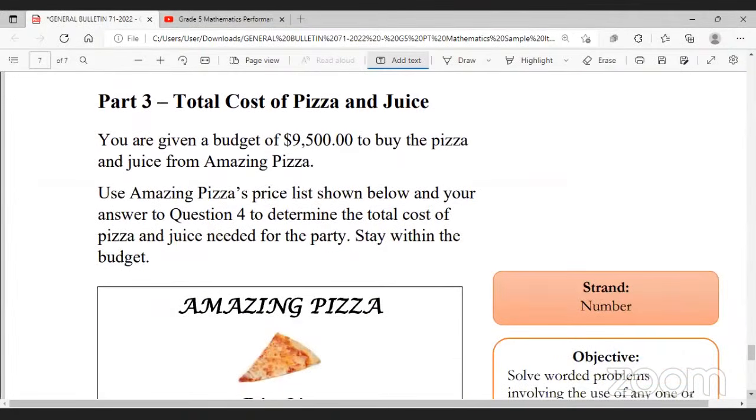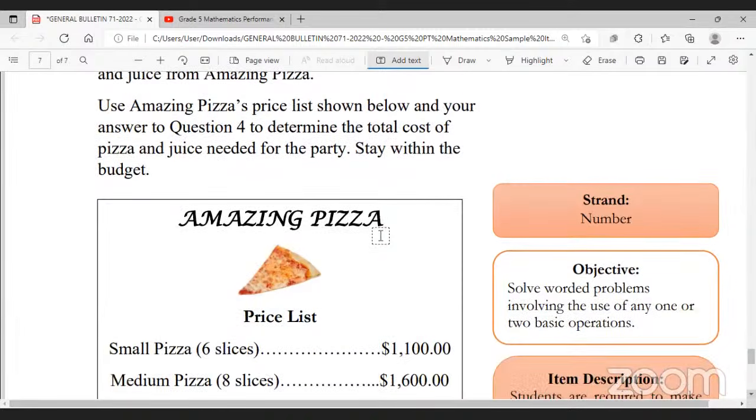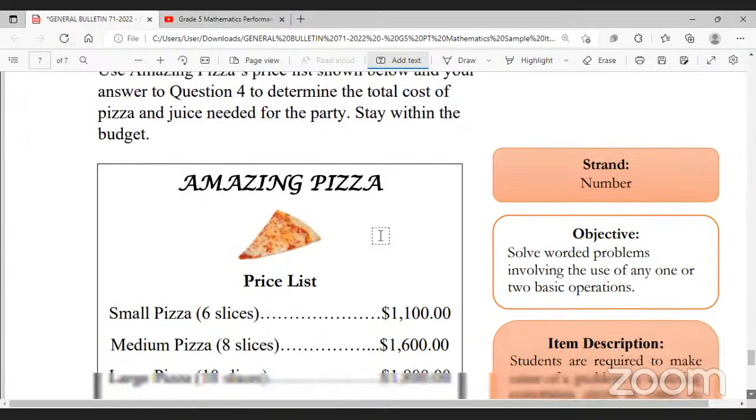So the scenario reads, you are given a budget of $9,500 to buy the pizza and the juice from Amazing Pizza. Use Amazing Pizza's price list shown below and your answer to question 4 to determine the total cost of pizza and juice needed for the party. Stay within the budget.